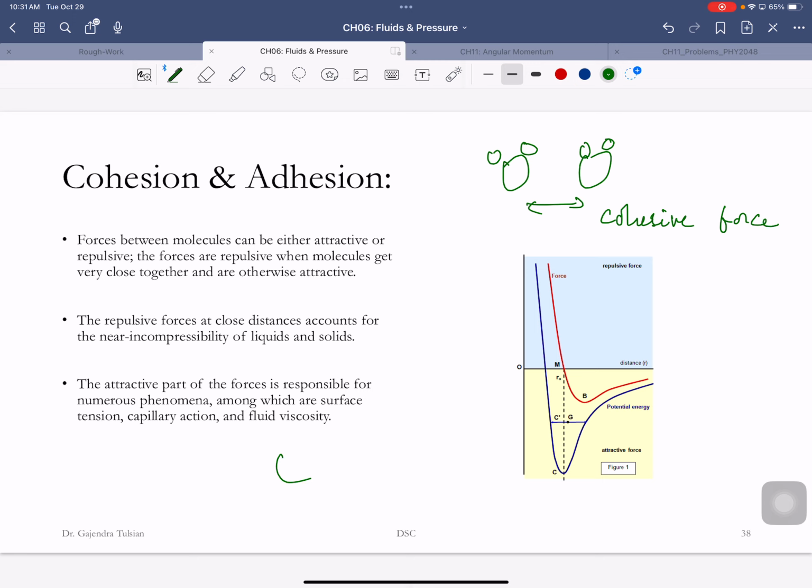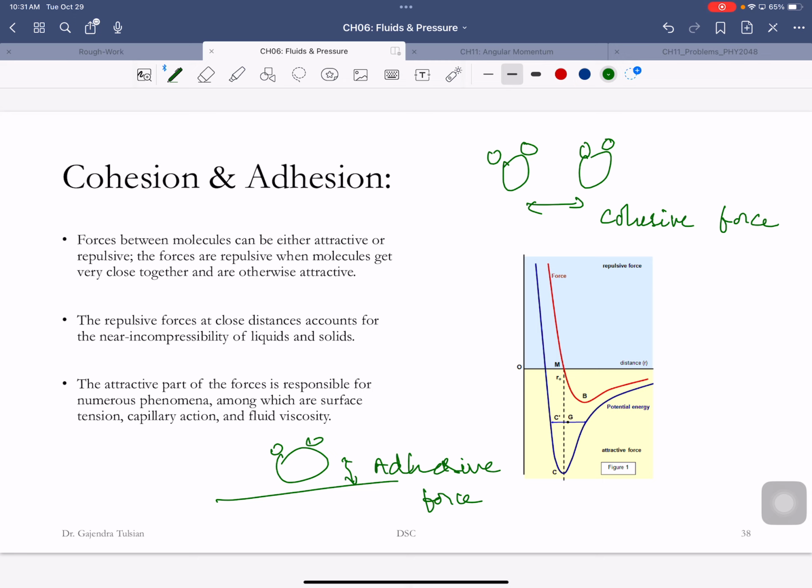The water molecule will also be attracted to the table, and this is called an adhesive force. So when two dissimilar molecules attract each other, that's an adhesive force. When similar molecules attract each other, it's called a cohesive force.